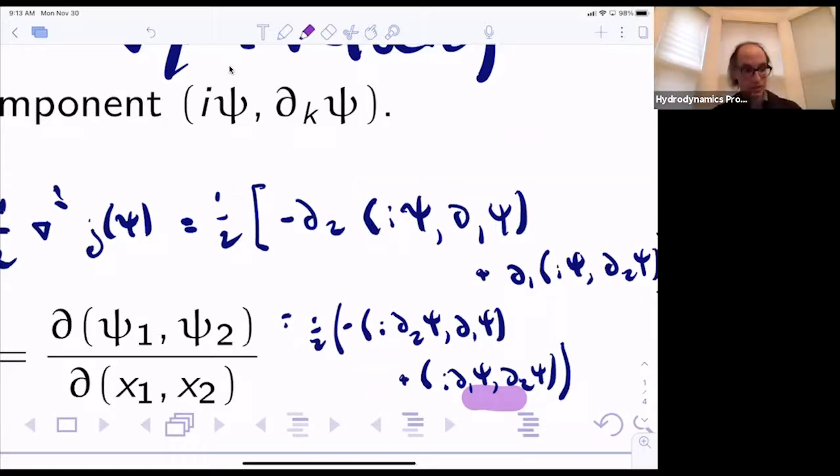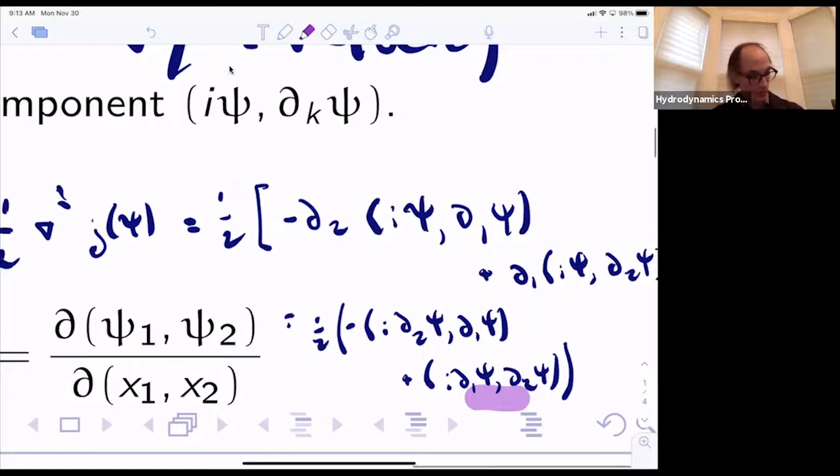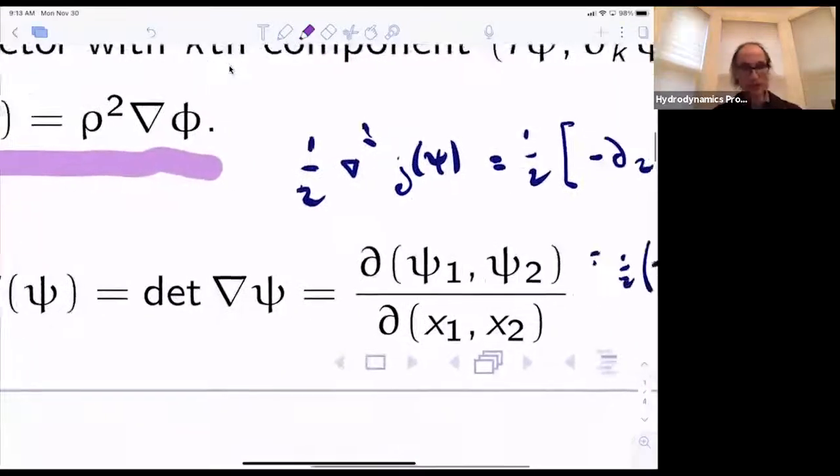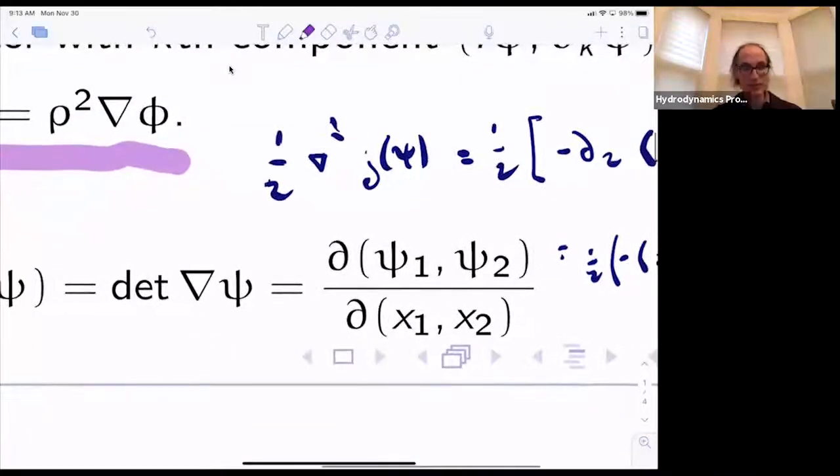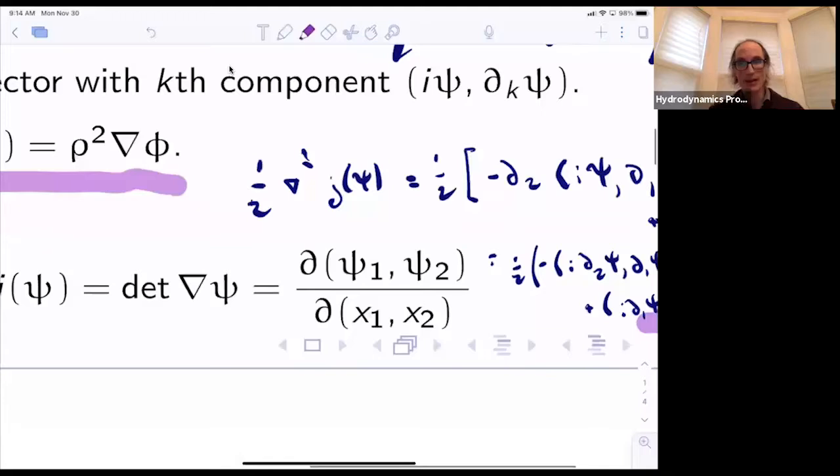So these two things are equal, and they're both equal to this. And that's really a Jacobian determinant, right? Here I'm thinking of psi as being an R2 valued function, so its derivative is a 2 by 2 matrix, and this is the determinant of it. So it's this Jacobian determinant. Okay, good. So this is both a mathematically and a physically natural quantity, the curl of the momentum.